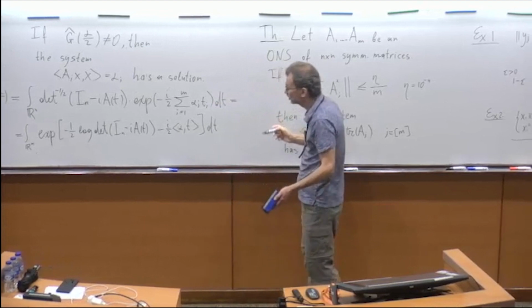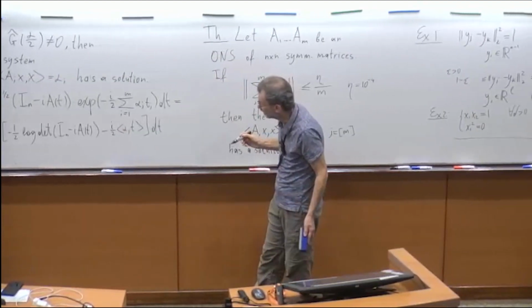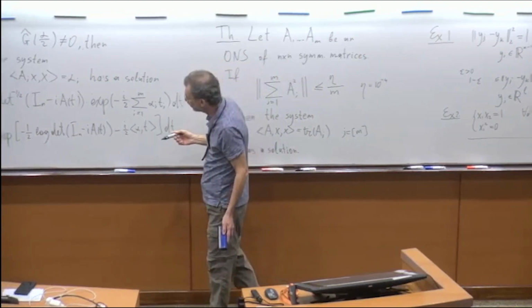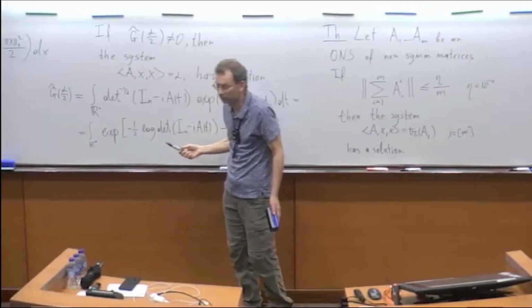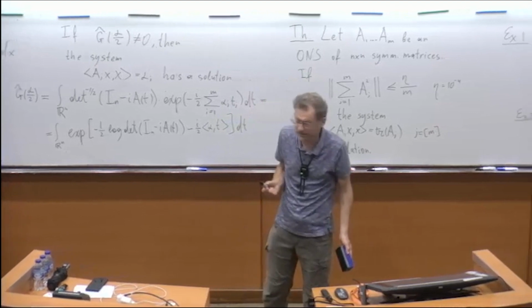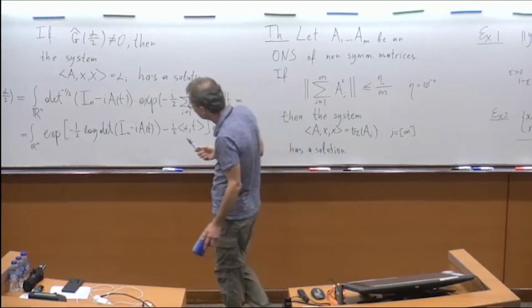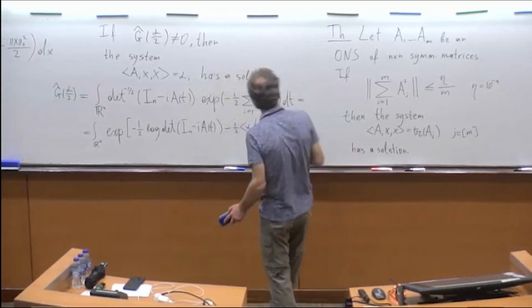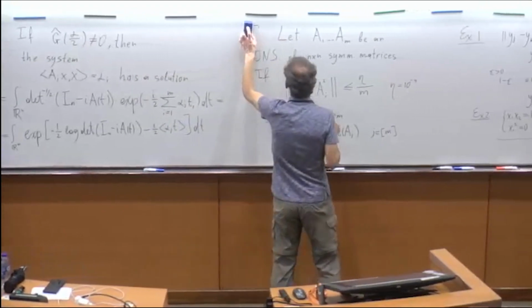And let's imagine that we live in the neighborhood of 0, and we can decompose this logarithm into a Taylor series. So what happens?